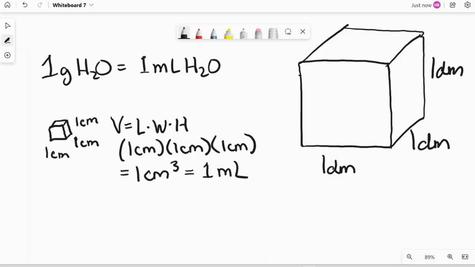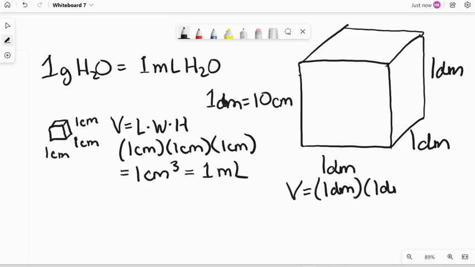How these are related is 1 decimeter is 10 centimeters. So they're 1 decimal point away from each other. If I have a box that is 1 decimeter on each side, my volume is 1 decimeter cubed. And we rebranded this as 1 liter.